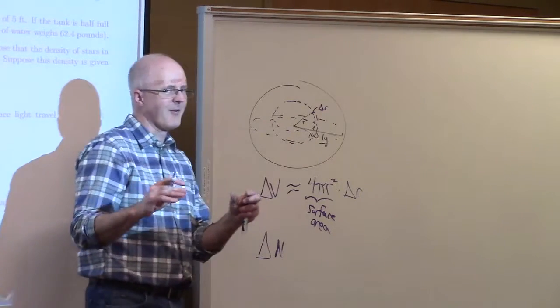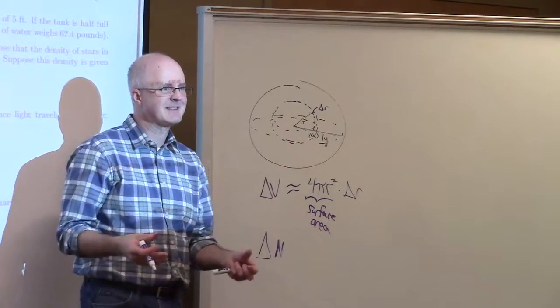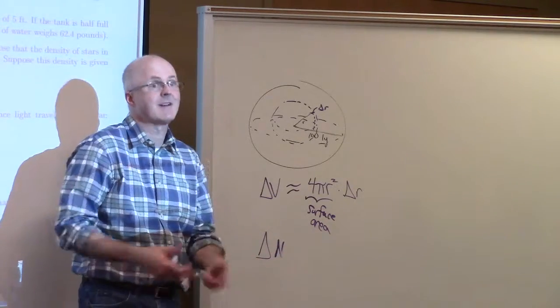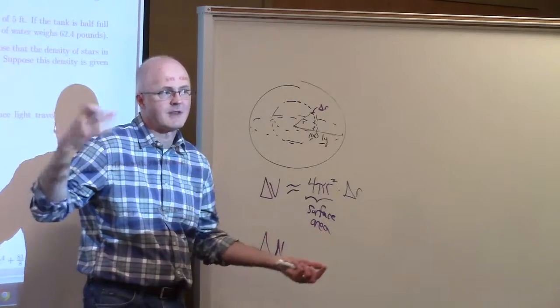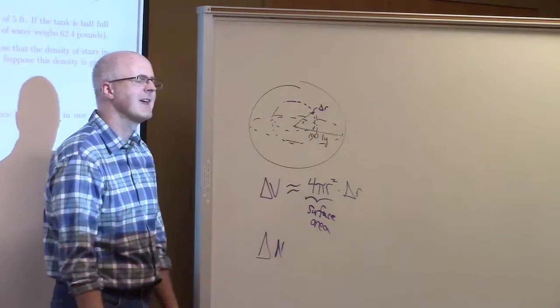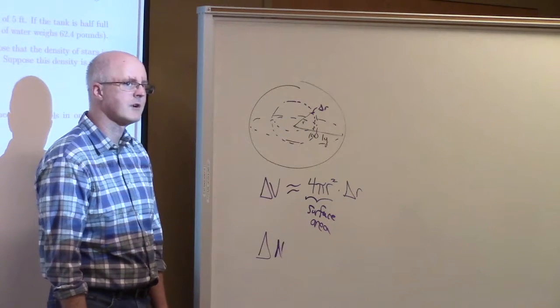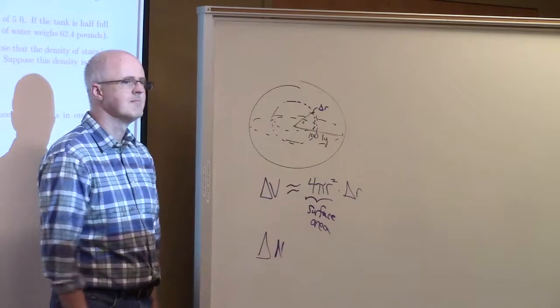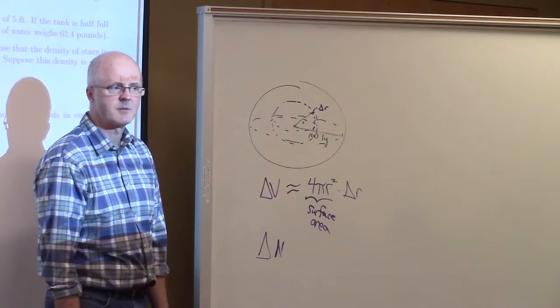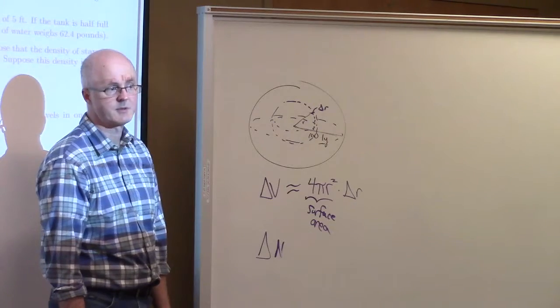If delta r really is just a centimeter or a meter, and you are considering such a thin shell, could there be any stars inside there? Of course, stars are much bigger than a centimeter or a meter. So it's a little funny that way. Maybe delta r should be more on the order of millions of kilometers, billions of meters. It still would be very small relative to a light year.